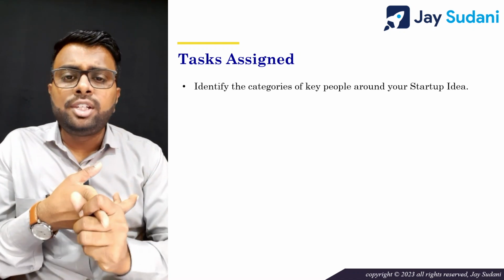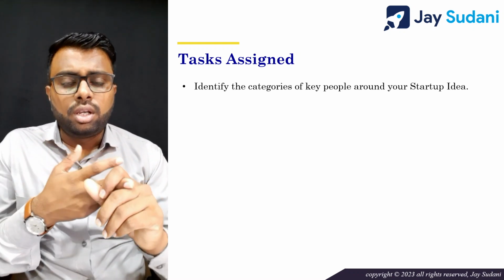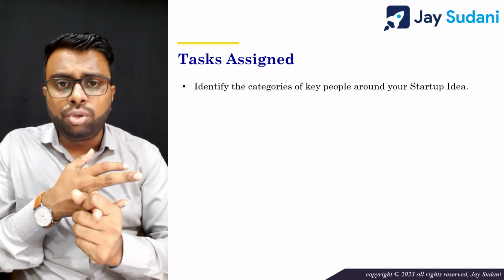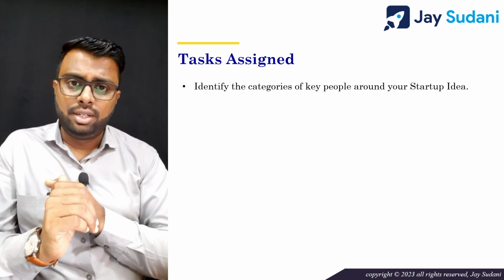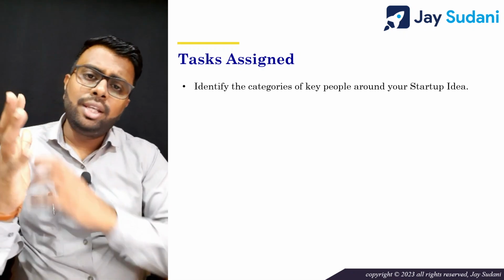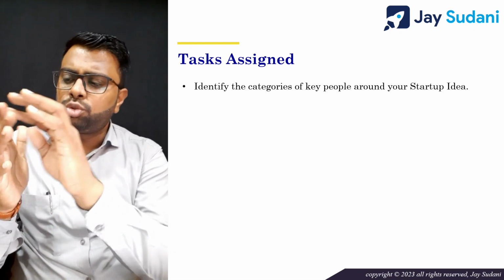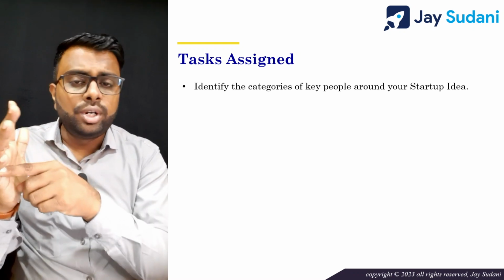So for you, who are the key people? The school teachers, the principal of the school, the governing body of the school, trustee members, the school children, and the parents. So try to understand who all are the key categories of people, not a specific individual, but categories of people: the school teachers, principals, parents, trustee members, and then students.